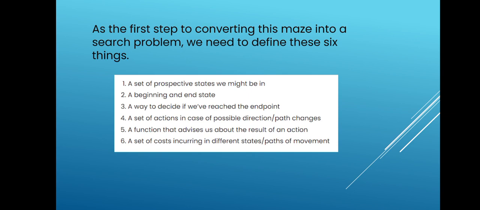Fourth one, a set of actions in case of possible direction or path changes. Fifth one, a function that advises us about the result of an action. Sixth one, a set of costs occurring in different states or paths of movement.